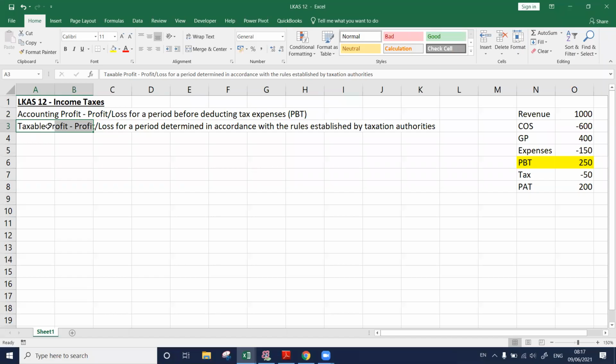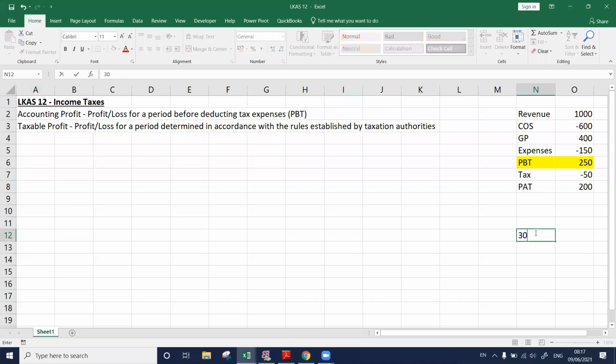Based on that taxable profit, you charge the tax expense. Clear? Therefore, if the tax rate is 30%, this 30% is applicable based on what profit?